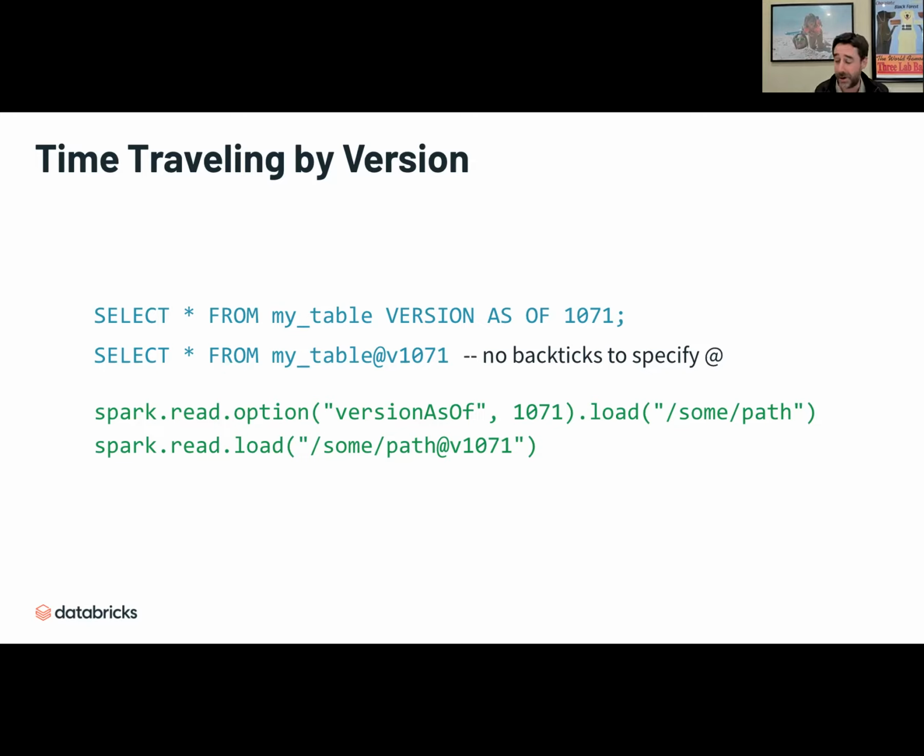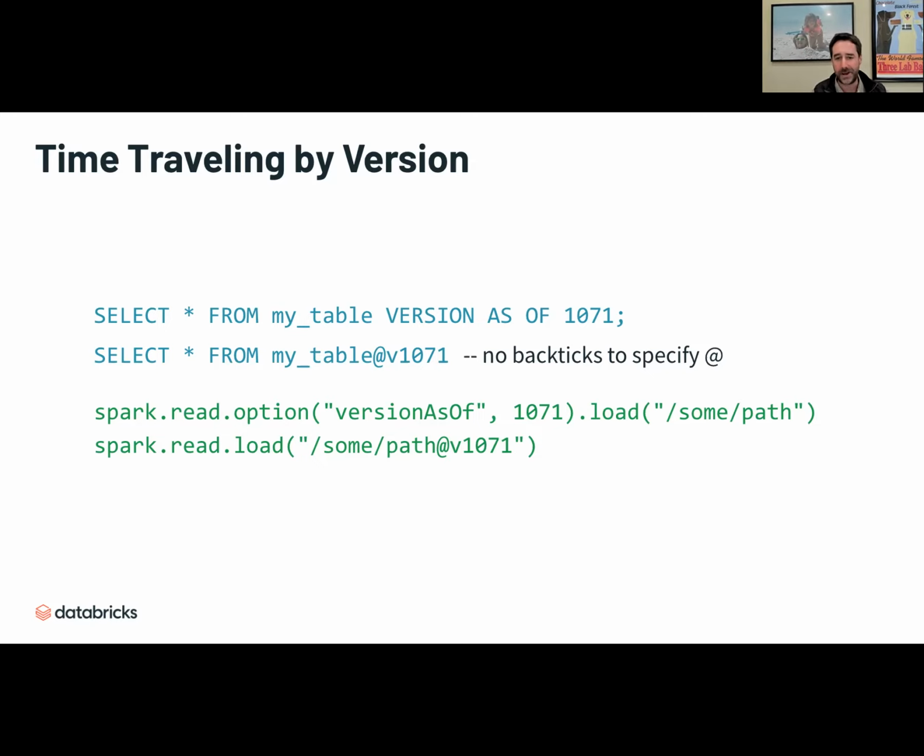You can always go back and find those at any given time. It's really just what is the metadata associated, and also what are the files that comprise that table.